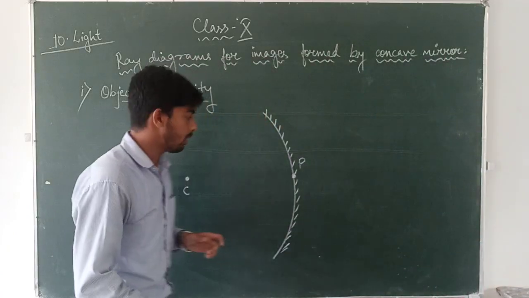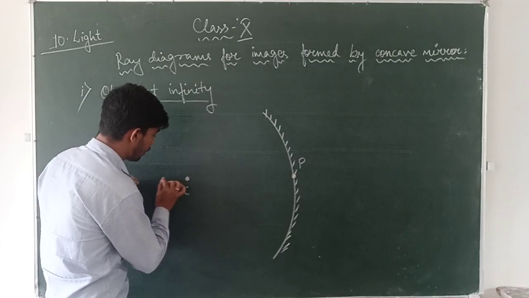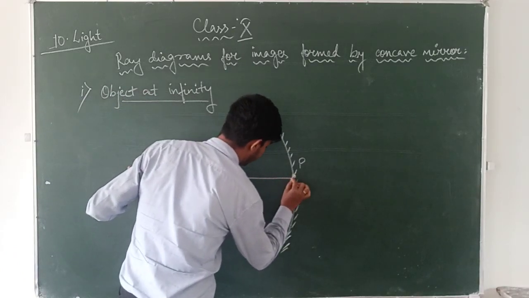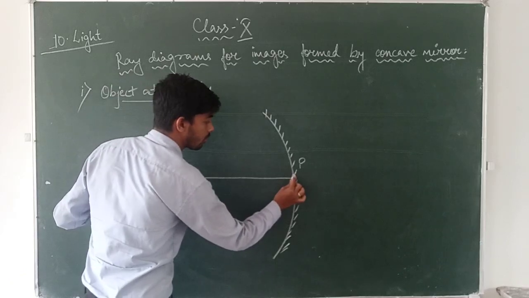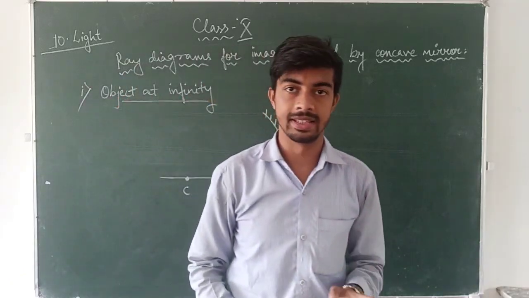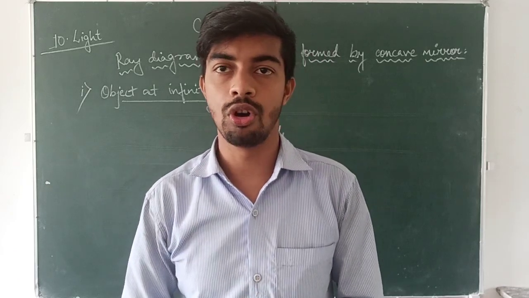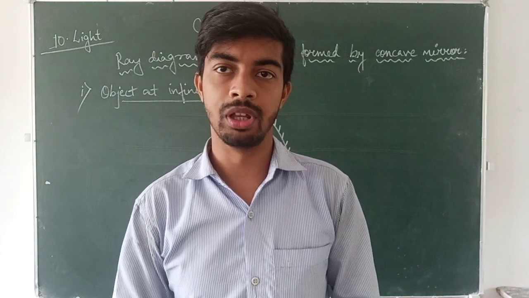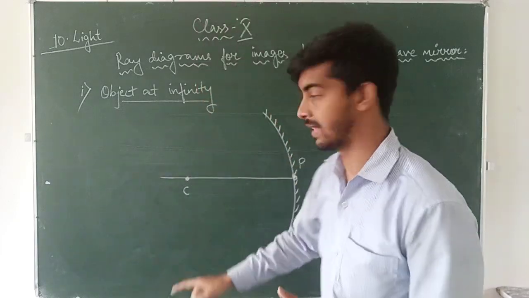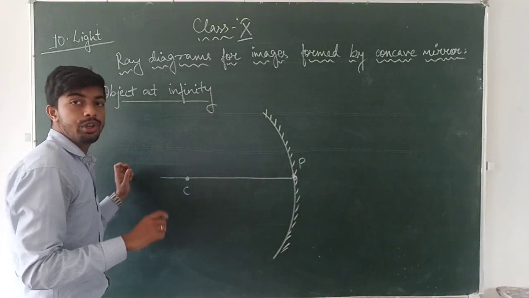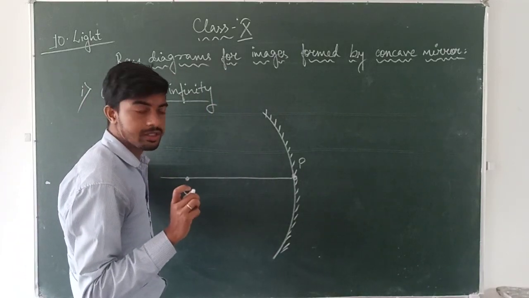We will draw a line joining the center of curvature and P. This line is known as the principal axis. The line which passes through the center of curvature to the pole of the mirror is known as the principal axis. Then we have to draw the focus.